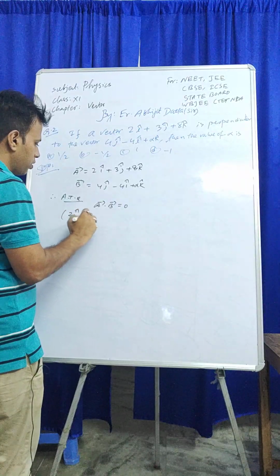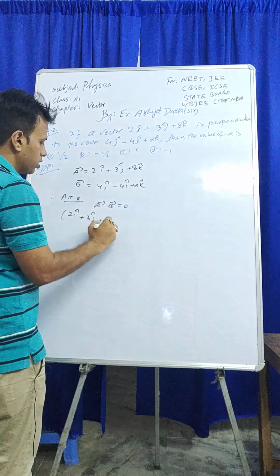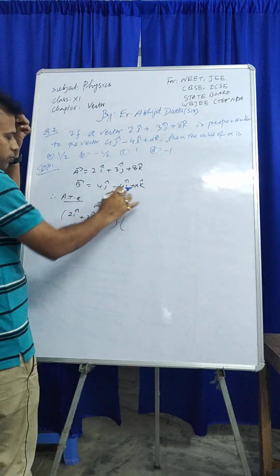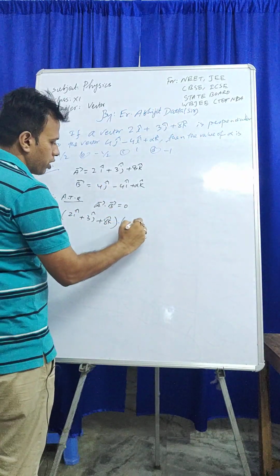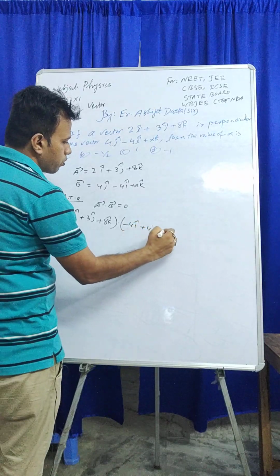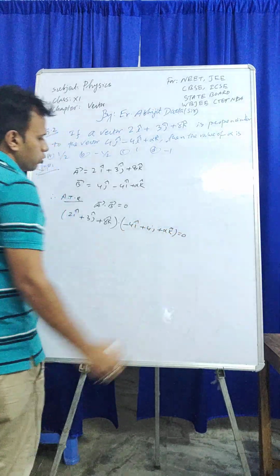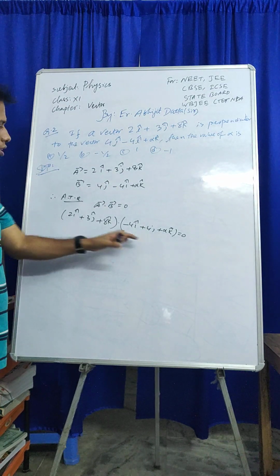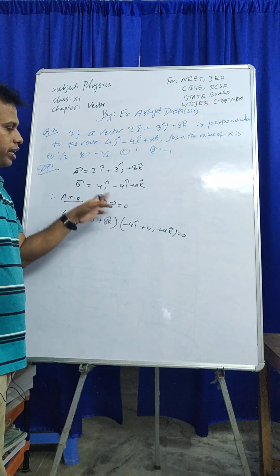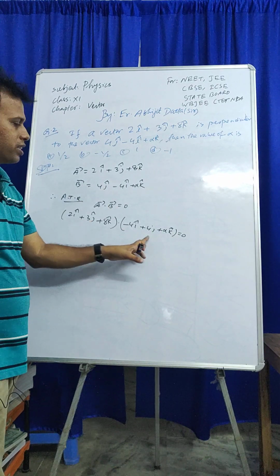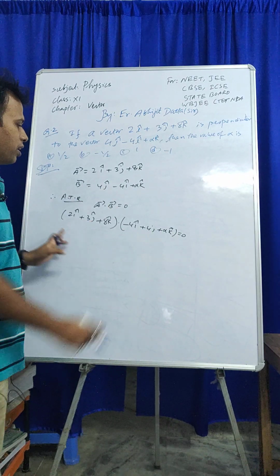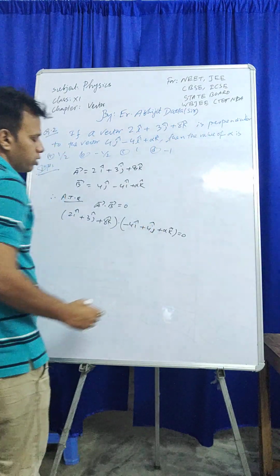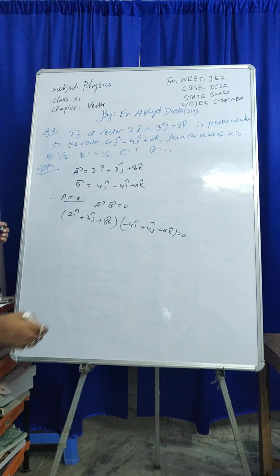So 2i cap plus 3j cap plus 8k cap dot, if I write in simplified order, minus 4i cap plus 4j cap plus alpha k cap, equal to 0. Most of the students make a mistake here when they multiply this one with this one.